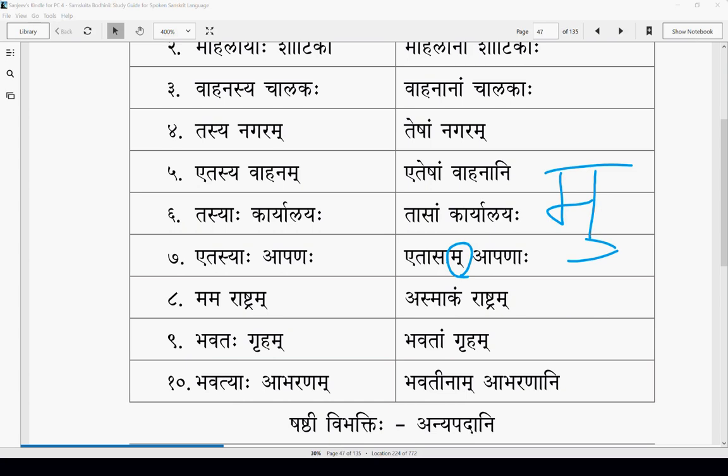Okay, thank you. I'll explain when we can optionally write the Anuswara in the next class. But you can write Ma without hesitation. So for example here, tesham, you can write tesham like this.